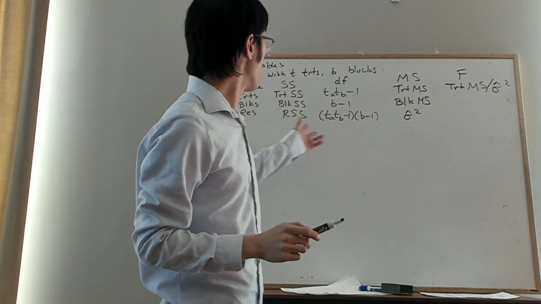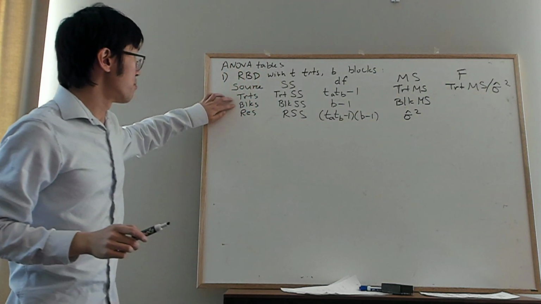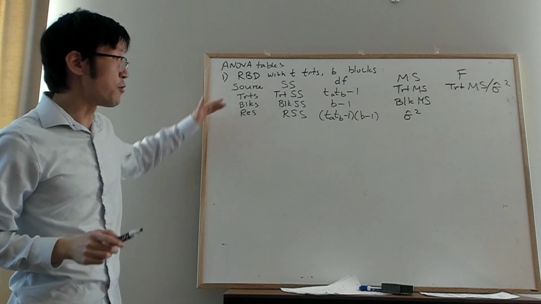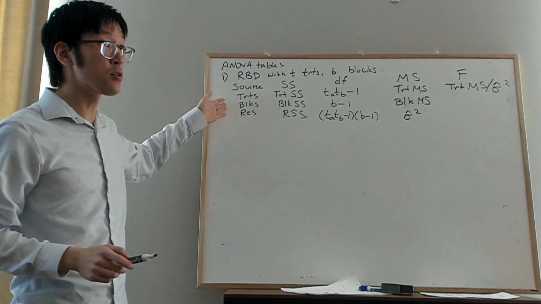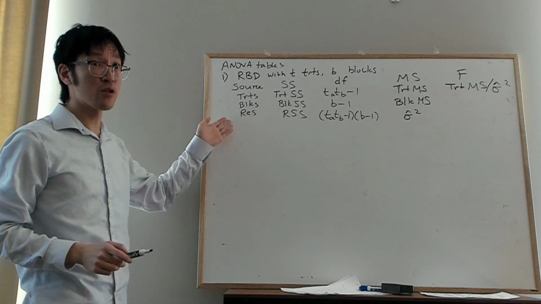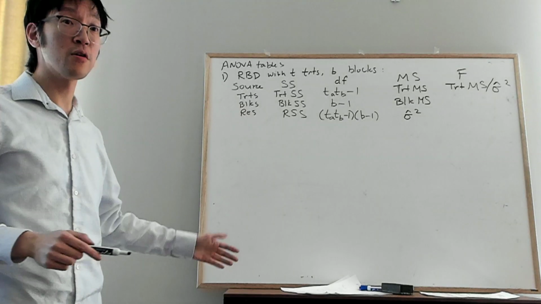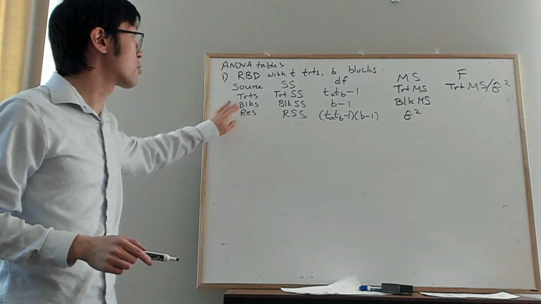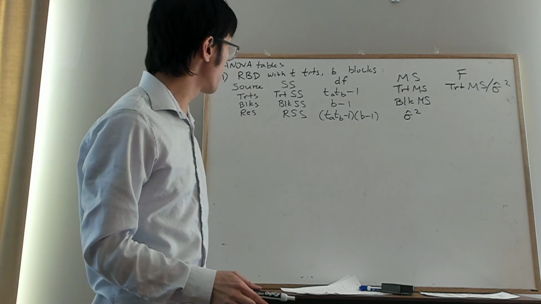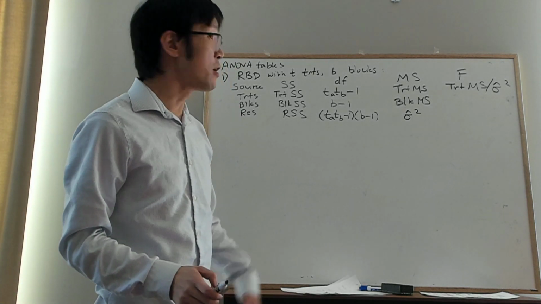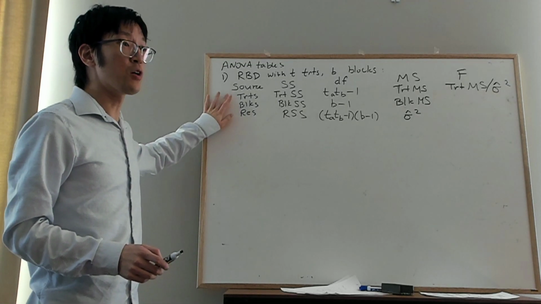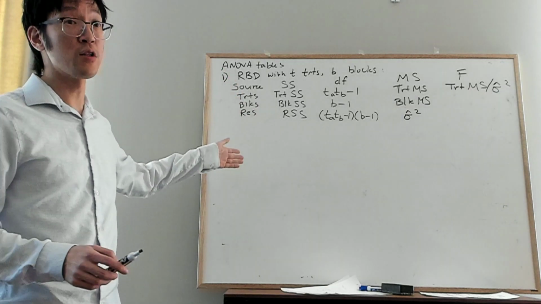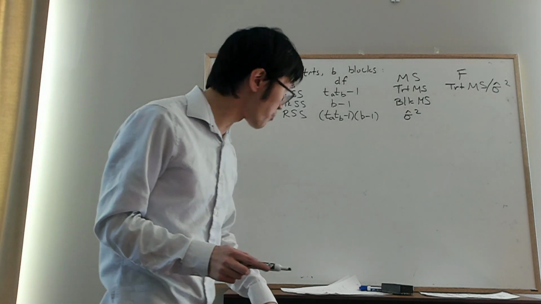Now we realize that there's no mathematical difference between treatments and blocks. It's really the interpretation. Block is a variable that affects the response, but we're not primarily interested in it. It's there to help control for the variability and make it easier to detect treatment effects for the experiment, which are the estimates that we do care about.